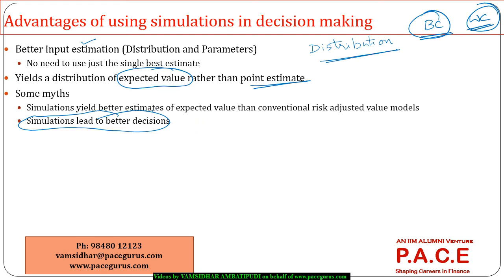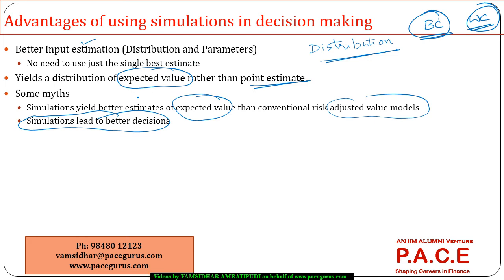The other important thing we should understand is that simulation is not superior to any conventional risk adjusted value model. It is giving me a complete distribution of the inputs and the outputs rather than one single input or one single output. But it is not giving me a better estimate of the expected value.